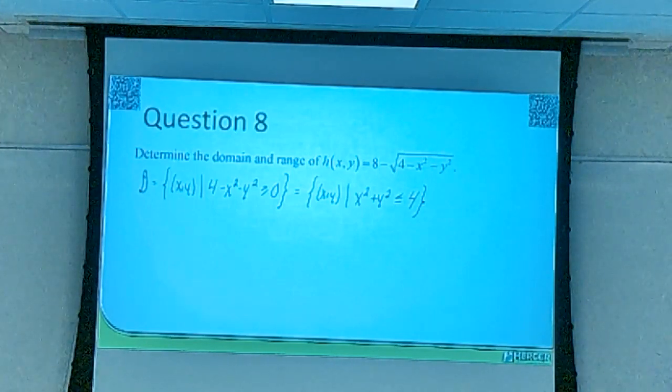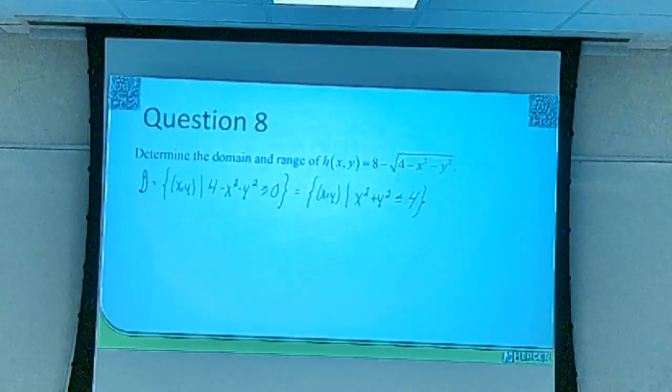So start with equals 4. What's x squared plus y squared equals 4? What kind of curve is x squared plus y squared equals 4?